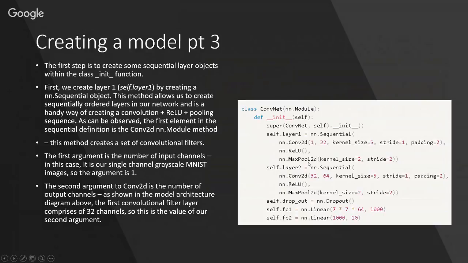As you can see, the first argument is the number of input channels. In this case, it's our single channel grayscale image, so the argument is 1. The second argument to the Conv2d is the number of output channels, as shown in the model architecture diagram. The first convolutional filter layer comprises 32 channels, and then there's the kernel size, which I'll go into a bit.